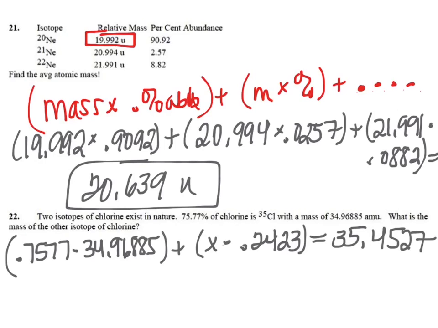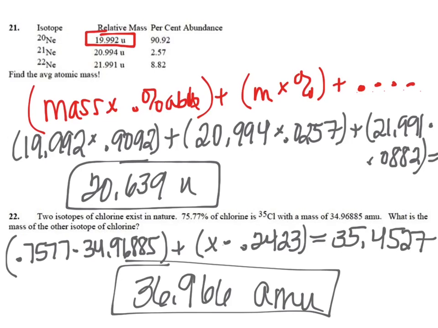So put that in the calculator and tell me what you get. 36.966, and our units are AMUs.